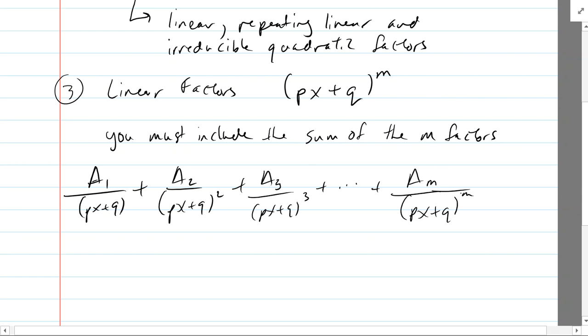For repeating ones, you have to have as many terms as the power. If the power is 1, which is just a linear, then you only have one term. If it's raised to the power of 5, you would have 5 fractions, right? 5 terms.